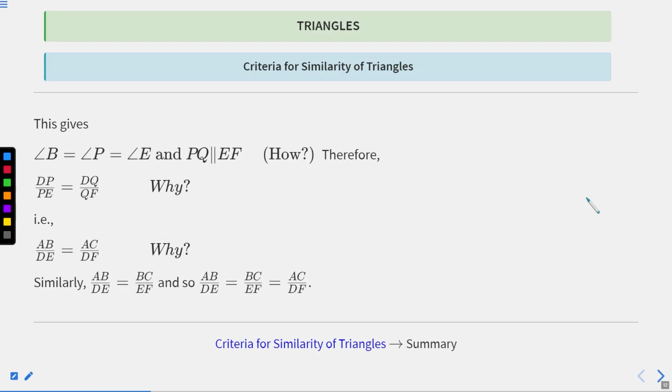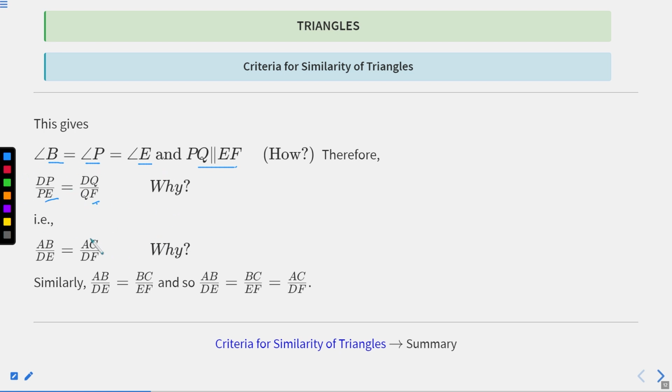Therefore, by the basic proportionality theorem, we get DP over PE is equal to DQ over QF. So by the basic proportionality theorem we get this relation.